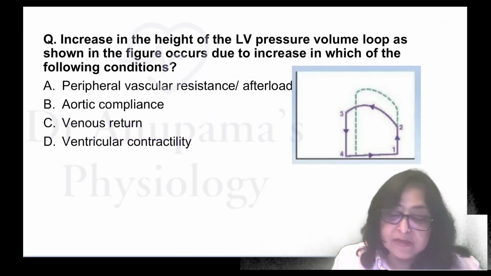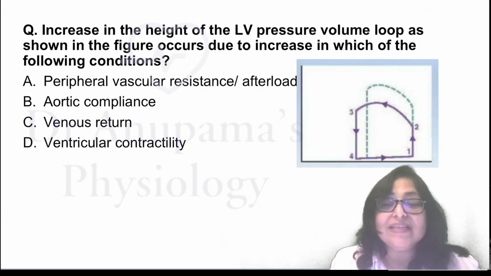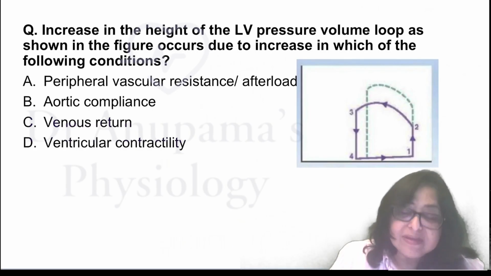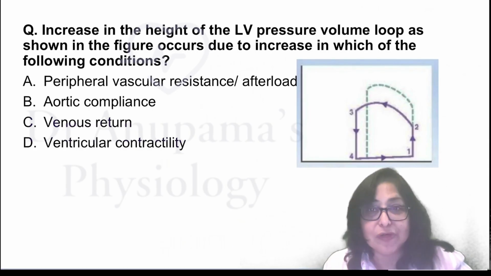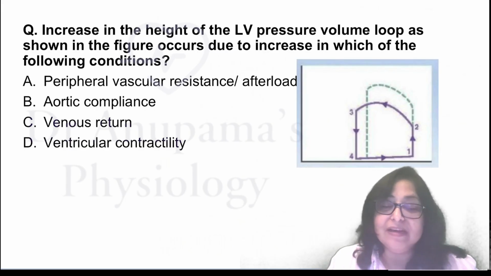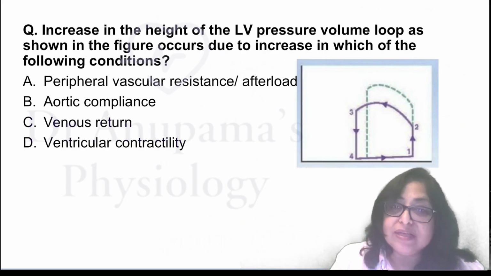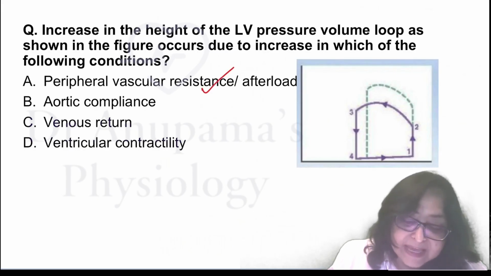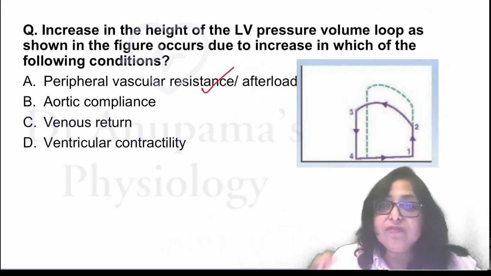So what are the conditions which can cause an increase in the height of the LV pressure volume loop? If there is an increase in the afterload, more the afterload, more the pressure exerted by the left ventricle, causing an increase in the height of the loop. So my answer to this is going to be A. What is the afterload for the heart?